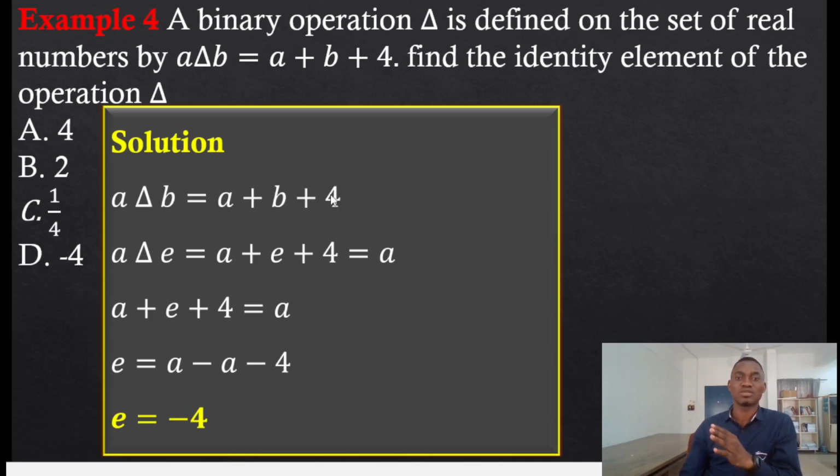Whatever working formula you are given, always redefine your identity property with respect to that working formula. Anywhere you see the second element, insert E, and other things should remain the same. Then on the right hand side, put the first element, and you are very good to go.